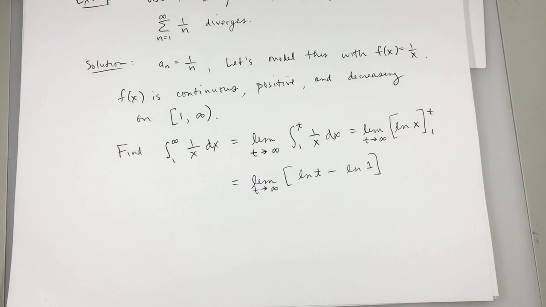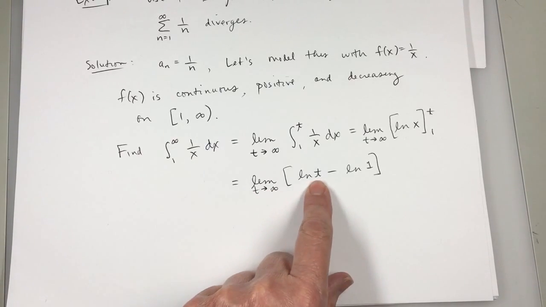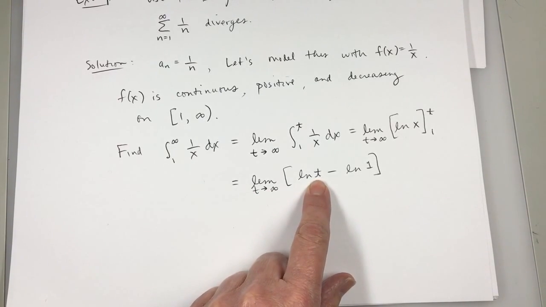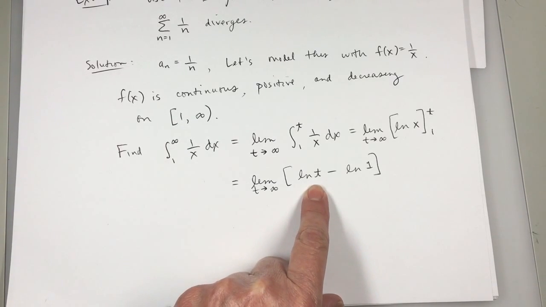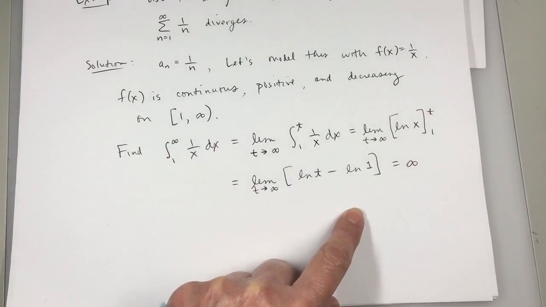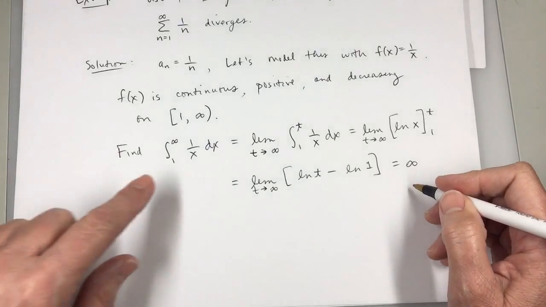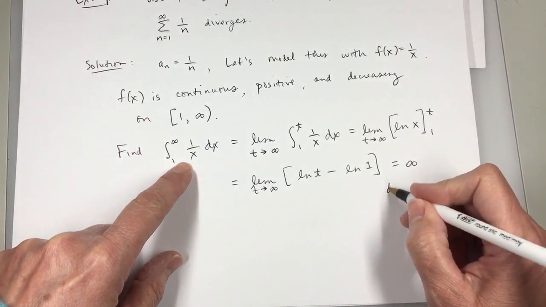The natural log of 1 is 0, so that part's easy, but what about this limit? As t is going to infinity, what about the natural log of t? That does go to infinity. That's infinity. This improper integral diverges.